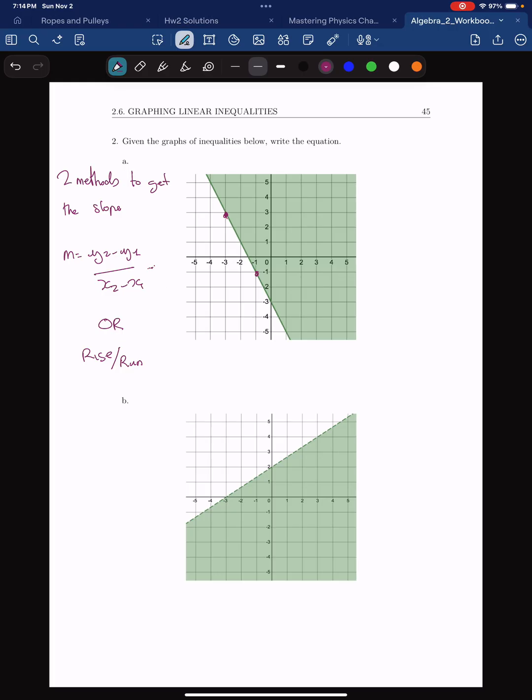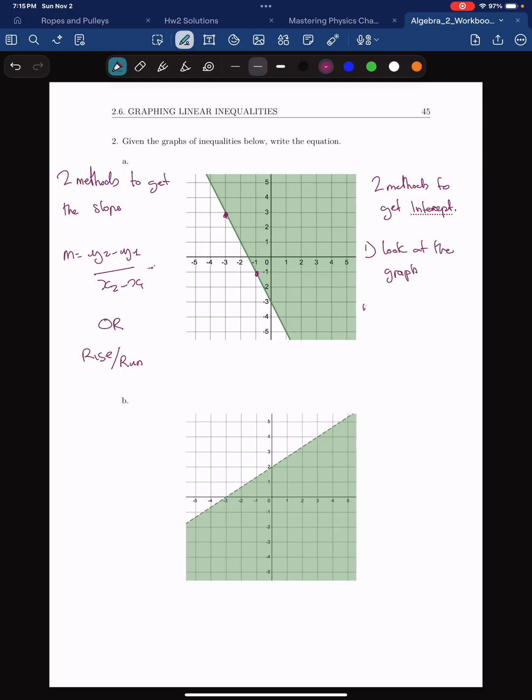All right, and then to get the intercept, there are two methods. Number one, look at the graph. If you look at the graph, you can see where the intercept is, but sometimes you may not see what the intercept is.